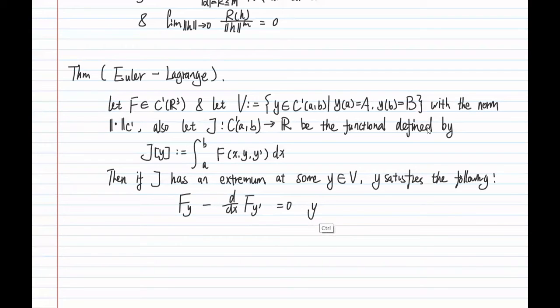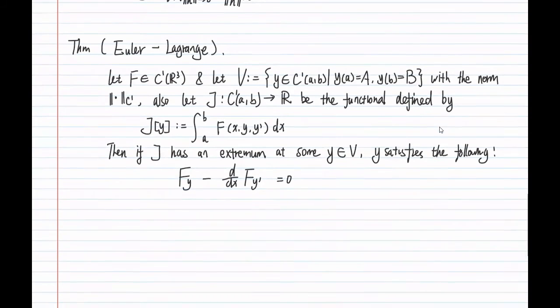So we're saying that if y is an extremum, then y must satisfy this ODE. This is a necessary condition for an extremum, and it is actually not too hard to prove with our previous constructs. So let's go about proving it.